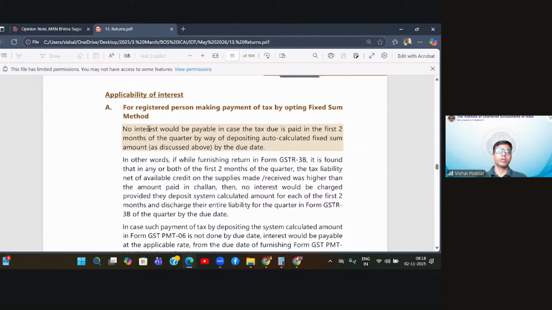However, what is important to know is no interest would be payable in case the tax due is paid in the first 2 months of the quarter by way of depositing the auto-calculated fixed sum as discussed above. It means indirectly they are asking to pay interest only where, one, I have used the self-assessment method, or two, I have used the fixed sum method, but the amount paid by me is less than that 35% mark.